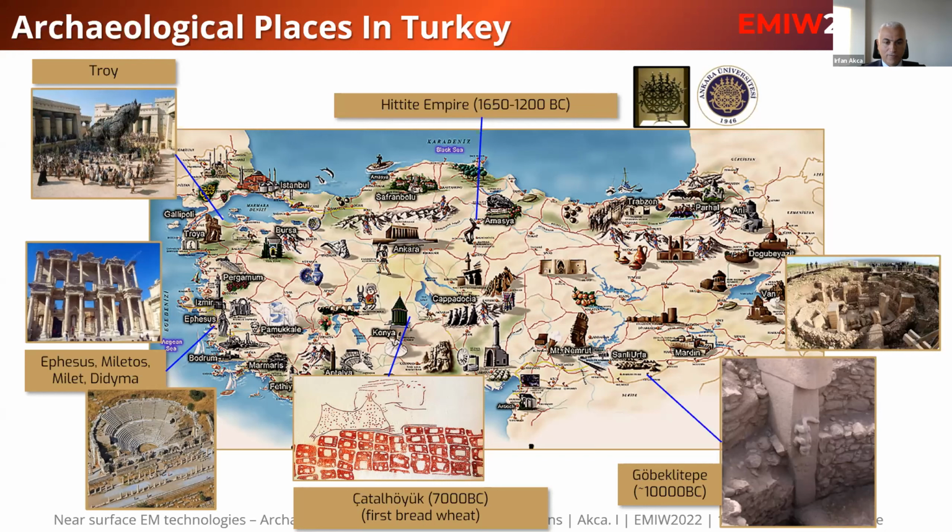So there are very first or early examples of the civilization in Turkey. For example, Çatalhöyük is one of the first places where people grew wheat, which is used for cooking bread. Also, you see a map of the city at that time, which we see a volcano in the background, which is close to here. I don't know if my mouse is seeing.